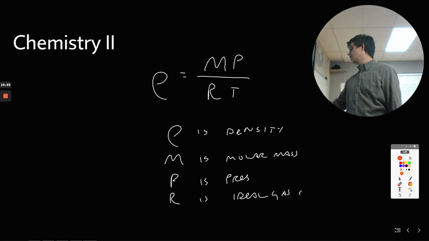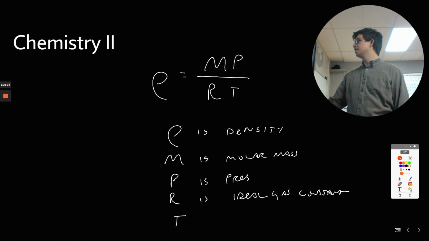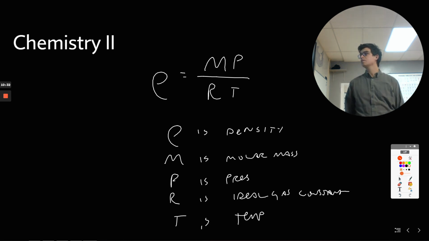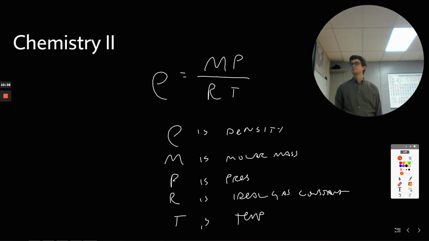We've talked about this 3 times now. And capital T is temperature. So this is just a derivation of the last one because mass divided by volume is rho. So we can find the density of the gas just by deriving that last one.